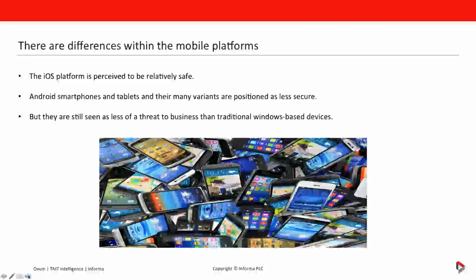So execs, managers, they're all seen as valuable targets. So yeah, as the recent Pegasus threat and its potential to jailbreak iOS devices without the owner's knowledge shows, bad things are starting to happen.